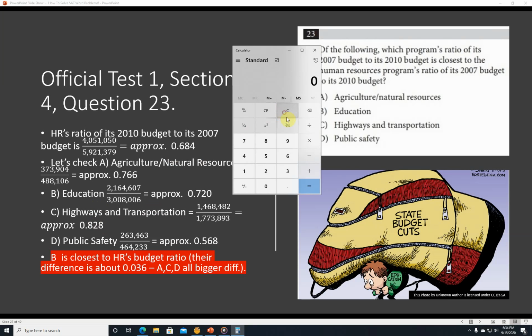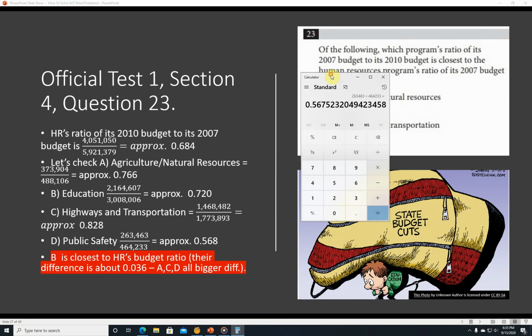Then public safety is going to be 263,463 over 464,233. So that's about 0.568. Looks like I was off by an order of magnitude, so let's do that again. It's about 56.75, so roughly 0.568.